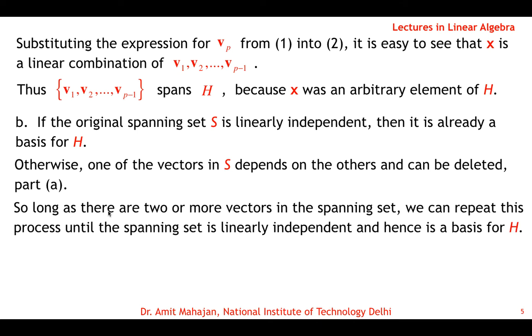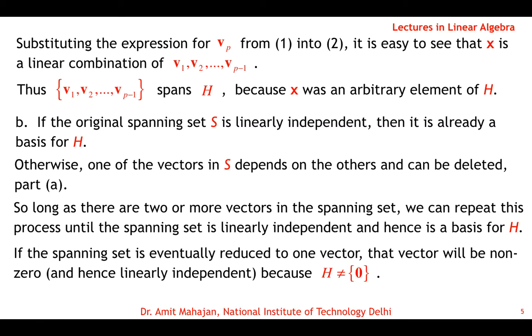So long as there are two or more vectors in the spanning set, we can repeat this procedure until the spanning set is linearly independent, hence it becomes a basis for H, because it will still span H and it is a linearly independent set. If we are at the end with only one vector, then that one vector will definitely be non-zero. So if the spanning set is eventually reduced to one vector, that vector will be non-zero, and because a single non-zero vector is linearly independent, that will become a basis.